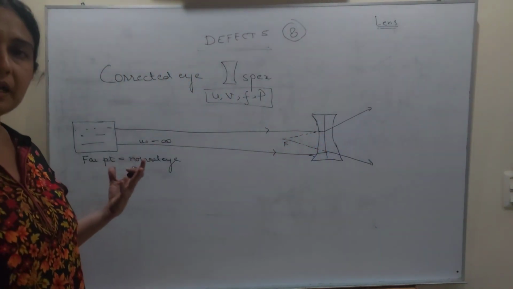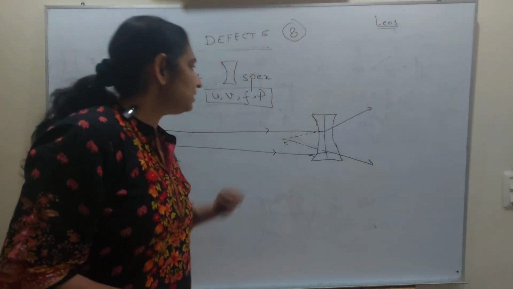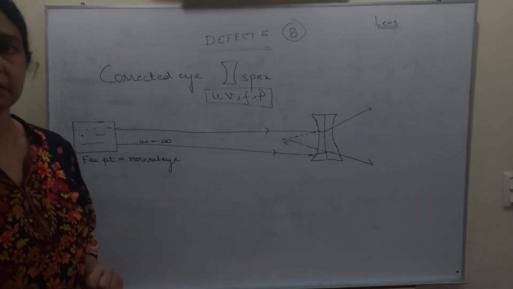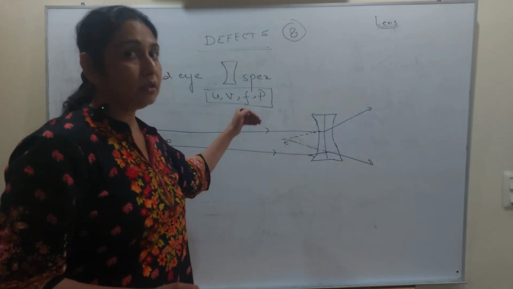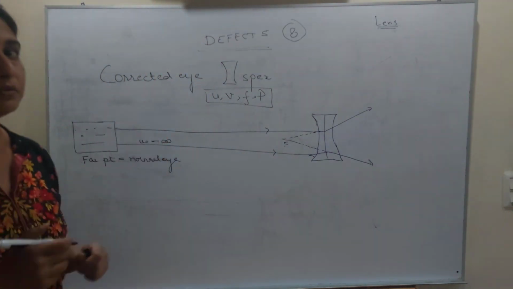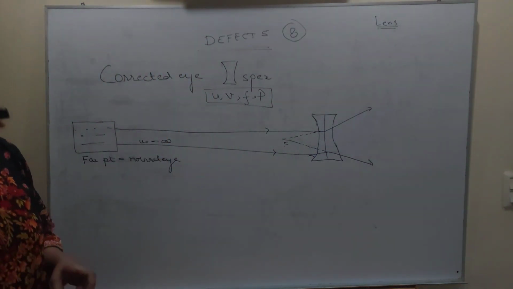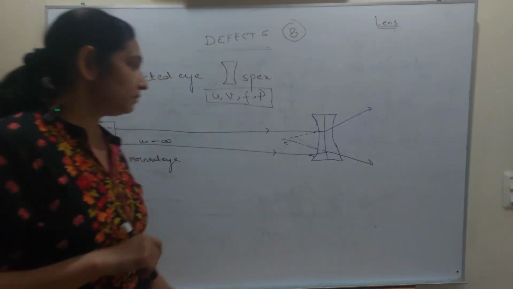We extend them back and they appear to meet here, because parallel rays appear to meet on the focus. This was one of the rules of the first chapter. So they will appear to meet here.